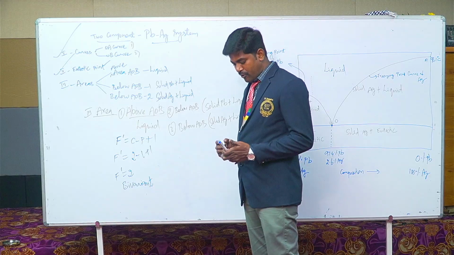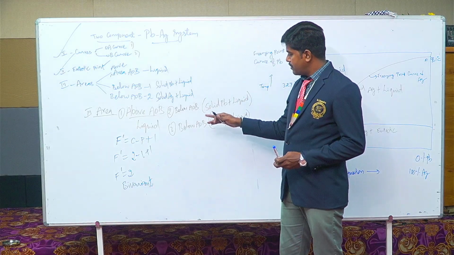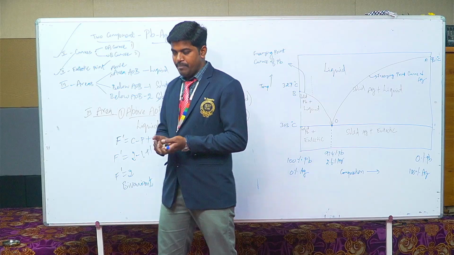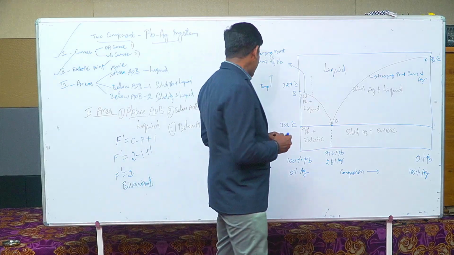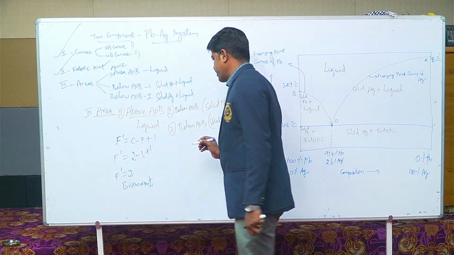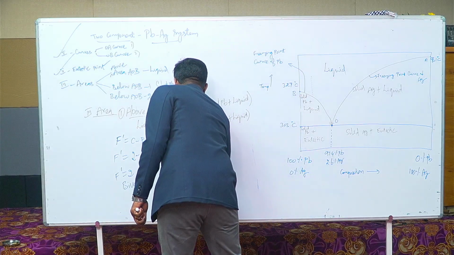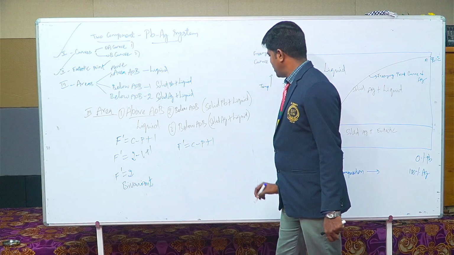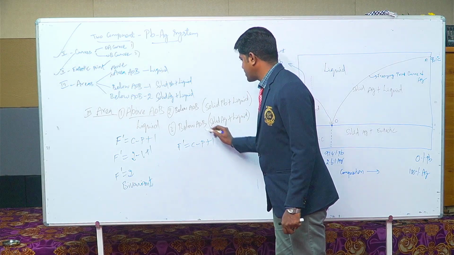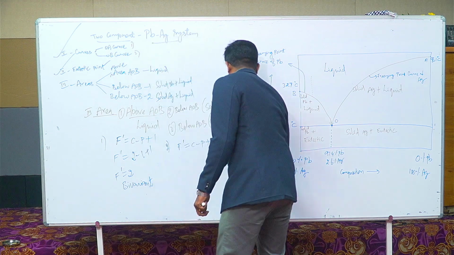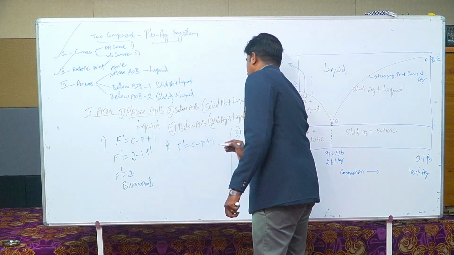The discussion for these two separate areas is common, so I have mentioned it as a single discussion. The same thing we need to find out, F dash is equal to C minus P plus 1. Or we can discuss it separately. First I will discuss the second one, and again I will discuss the third one.